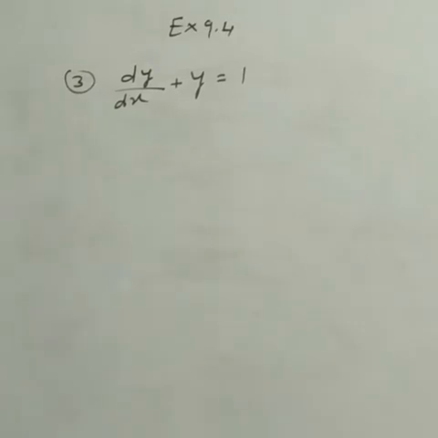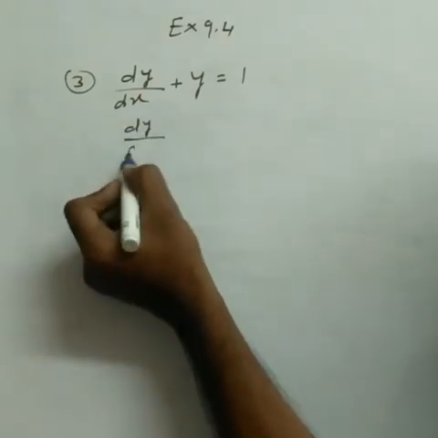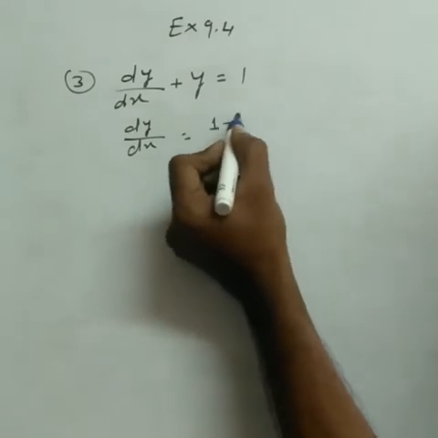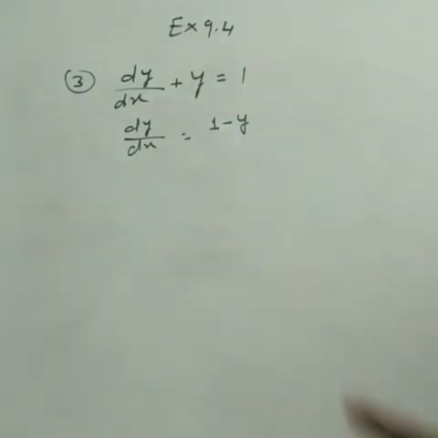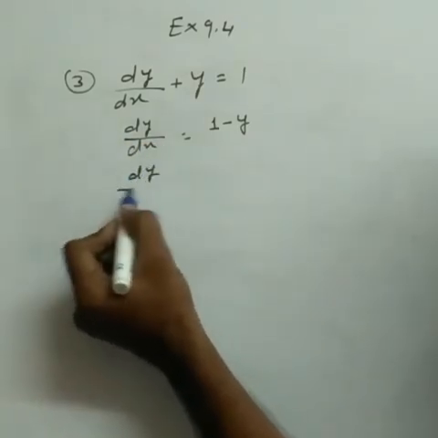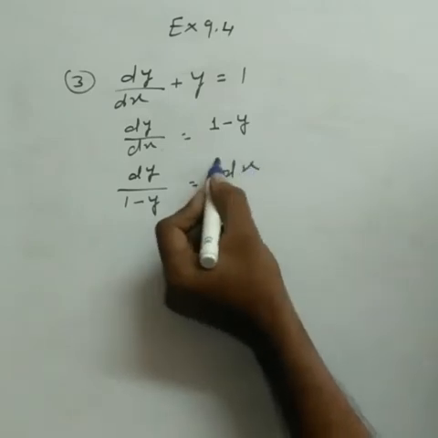Now we'll solve this differential equation. dy by dx equal to, shift this y on this side, 1 minus y. Now shift this term here in the denominator, dy upon 1 minus y, and dx on the right hand side.